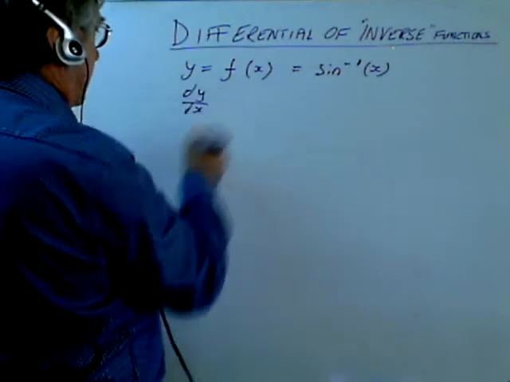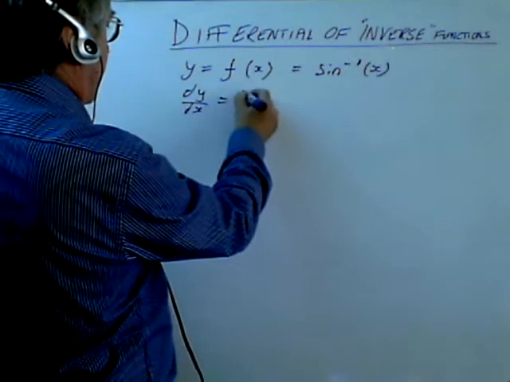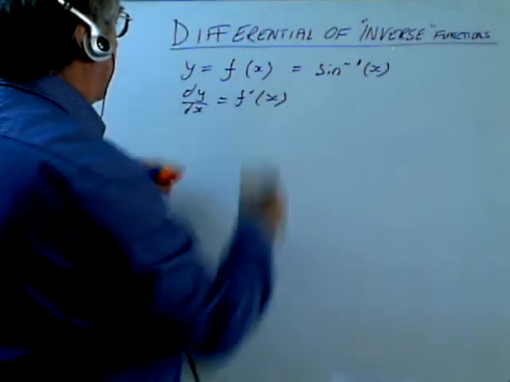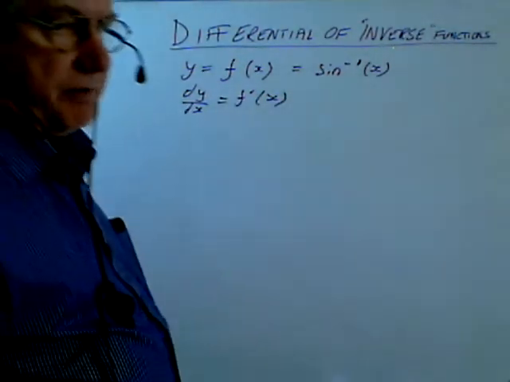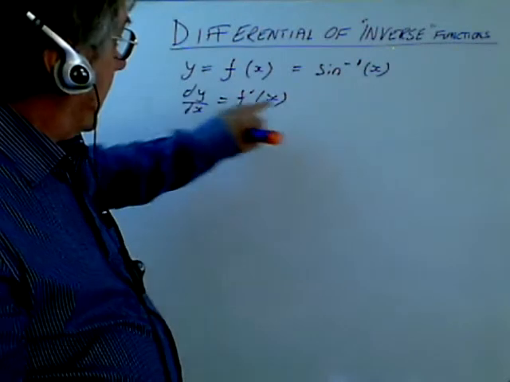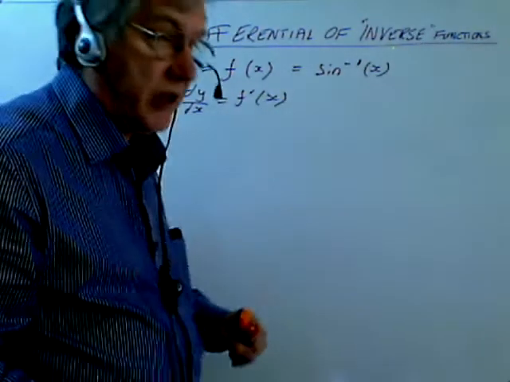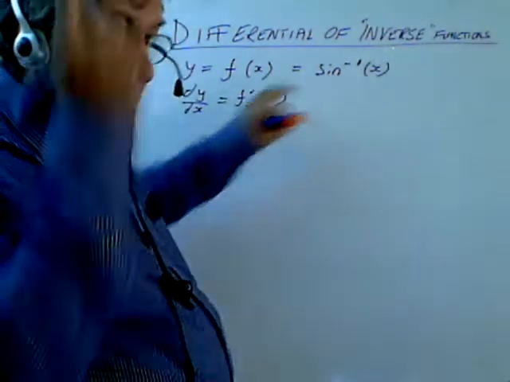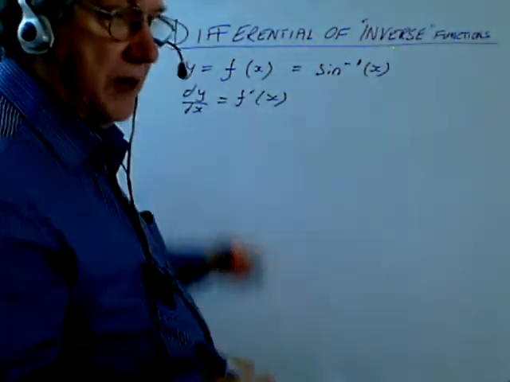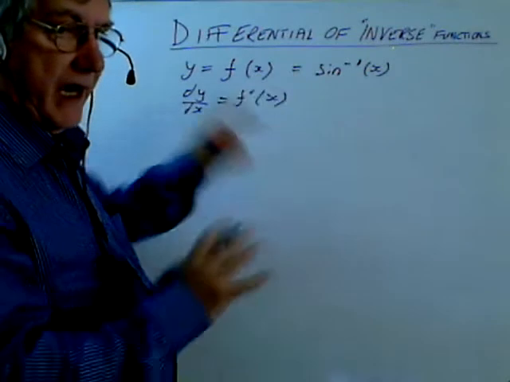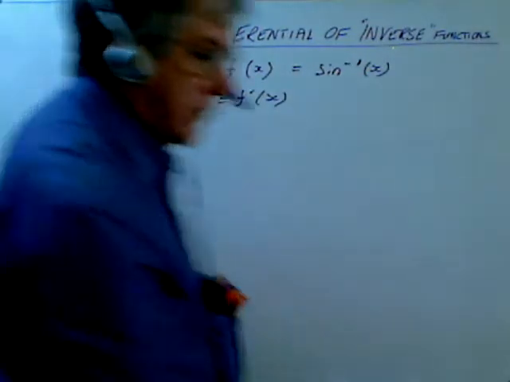Or we can write that as f dash of x, of course, Leibniz Newton notation. Well, there are various ways you could work this out, but I'm going to do it in a formal method so we can look at any inverse function.